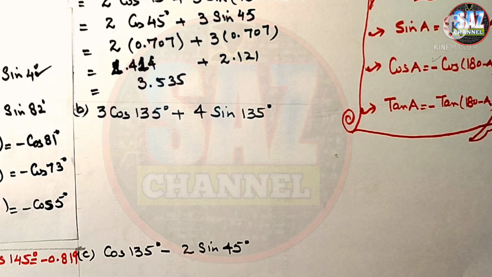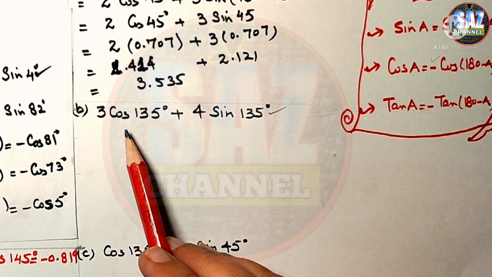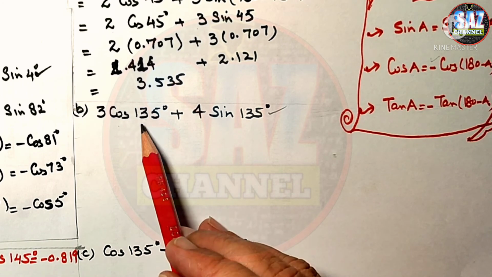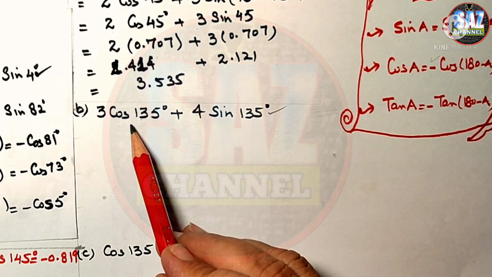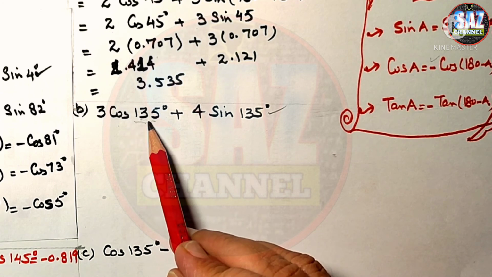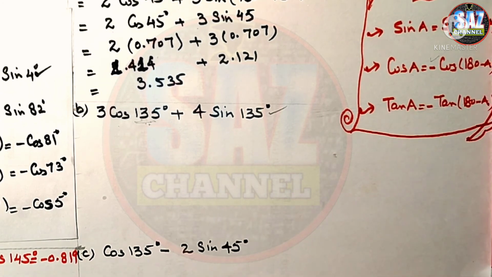That is 3 cos 135 degrees plus 4 sine 135 degrees. Now look, in this second case, we are given both obtuse angles. So first of all, we have to convert these obtuse angles into the acute angle, which is given in the question.